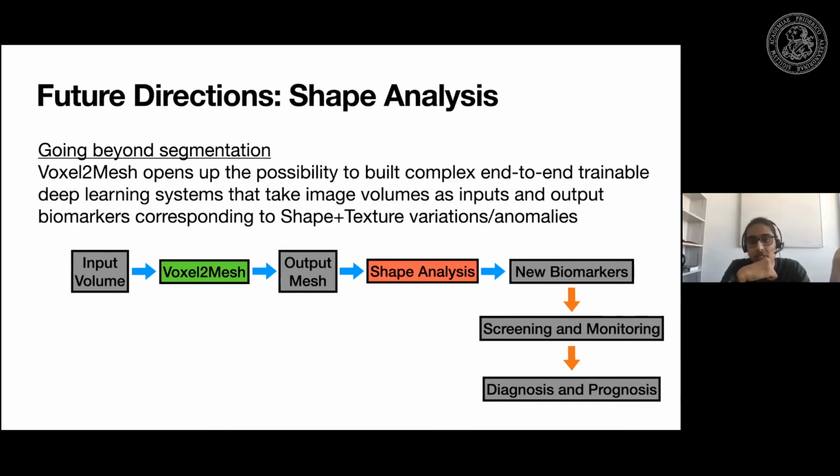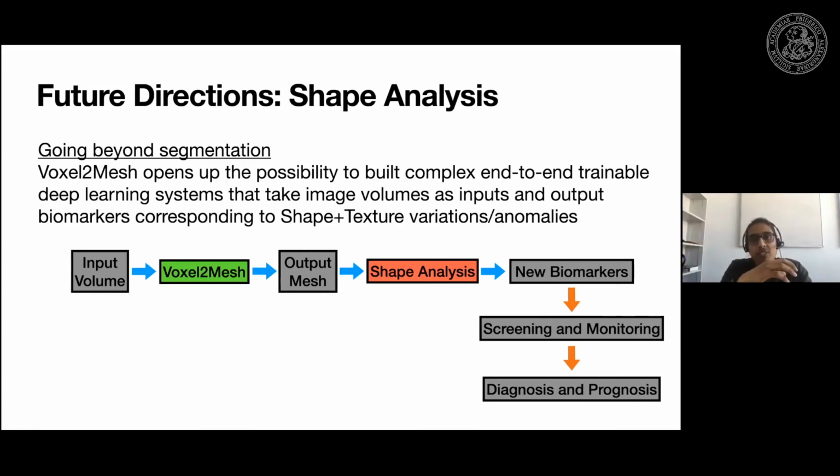The most interesting thing is that even in 2020, there are papers that use PCA, principal component analysis, to do shape analysis. So there is room to use deep learning techniques for doing shape analysis. And we are actually working on this problem at the moment as well.